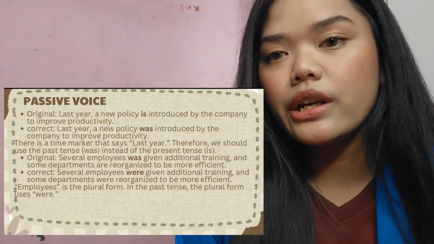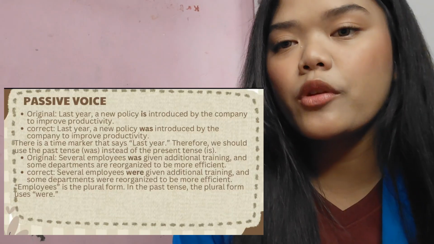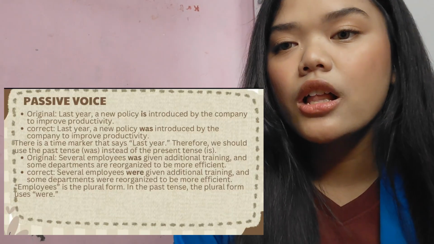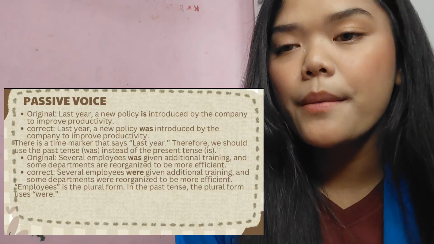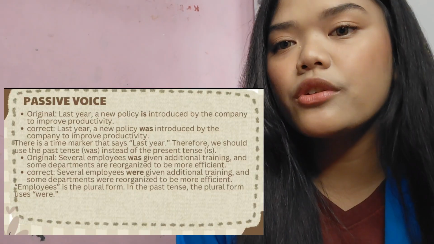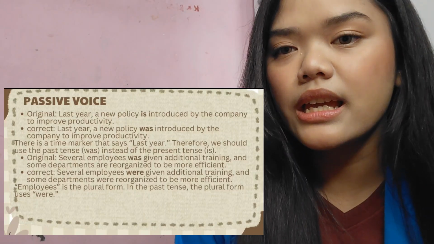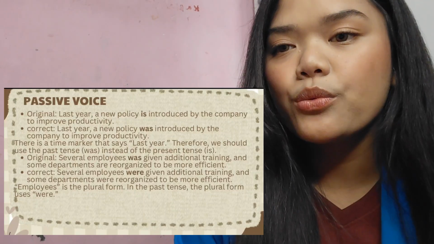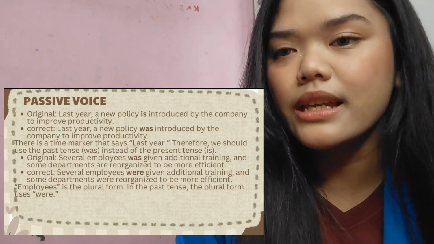Next topic is passive voice, and I will analyze this paragraph. Original: Last year, a new policy is introduced by the company to improve productivity. Correct: Last year, a new policy was introduced by the company to improve productivity. There is a time marker that says last year, therefore we should use the past tense instead of the present tense.